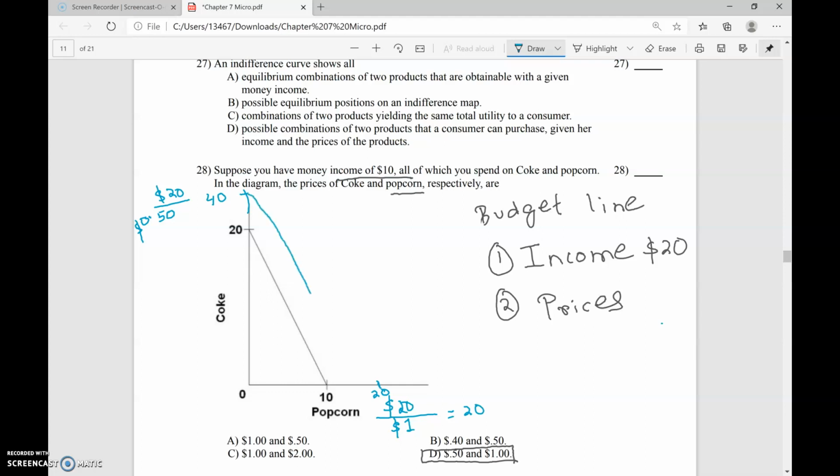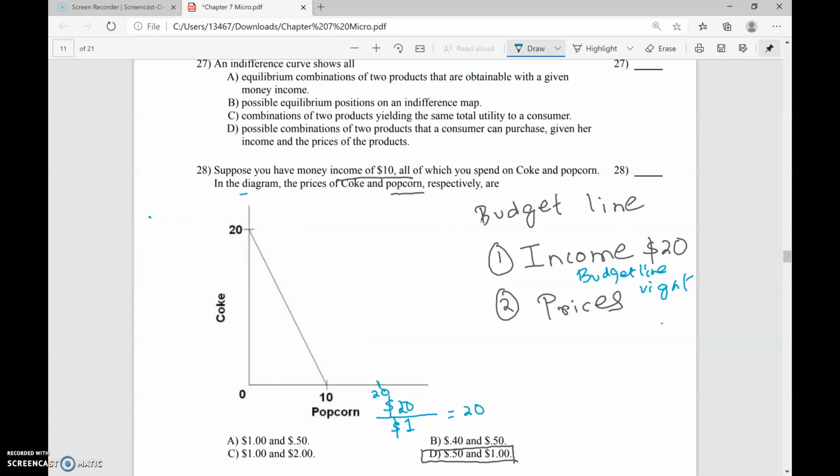I have the budget line which has shifted outwards or just shifted to the right. So when income increases, I will say the budget line is gonna shift to the right. When income decreases, the budget line shifts to the left.